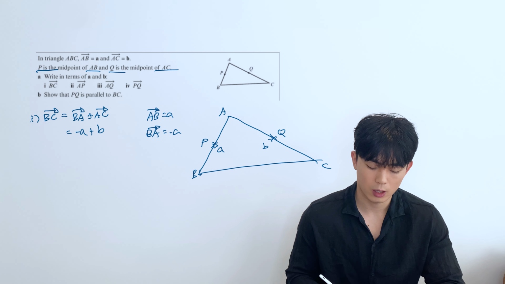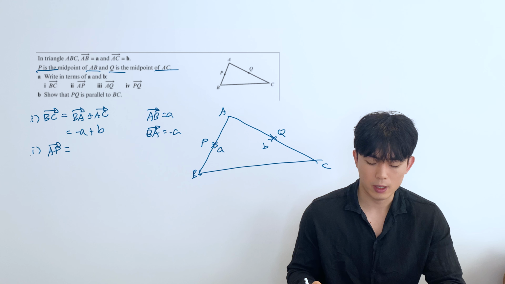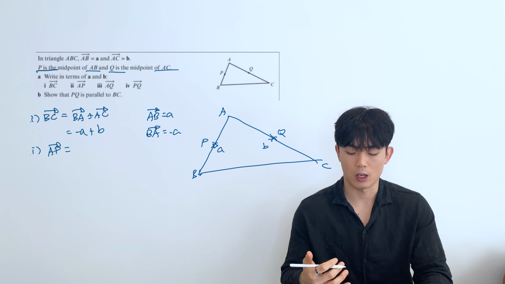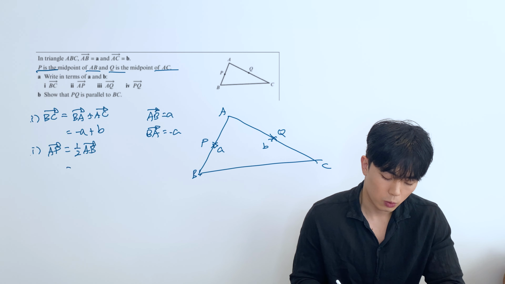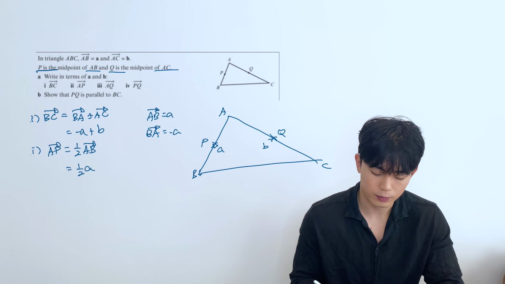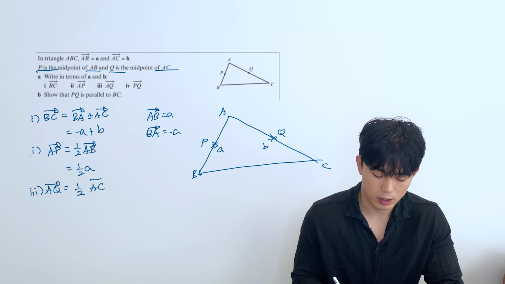Part 2, A to P. P is halfway along A to B, so this is going to be half of A to B, which is equal to half a. Part 3, A to Q, once again, is half of the way along from A to C, so this is going to be half b.